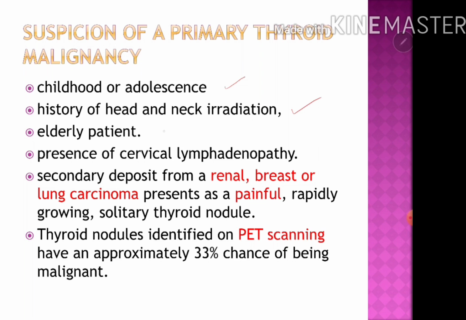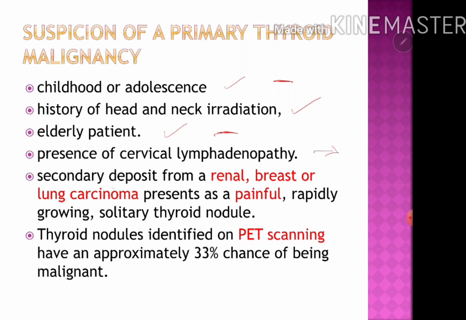And if it is present in the elderly, so the two extremes, the children or adolescents and the elderly, make the possibility of malignancy more. The presence of cervical lymphadenopathy mostly goes with thyroid malignancy.